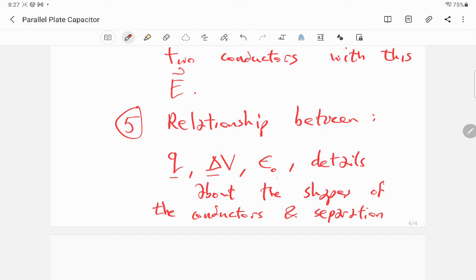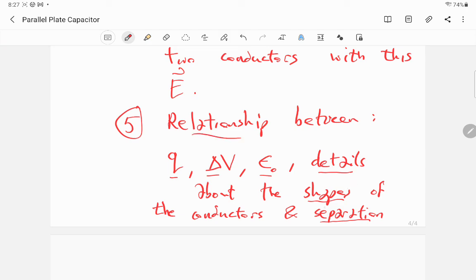So Q, delta V, epsilon naught, and then a bunch of details about the conductors. Like if the conductors are flat with area A, that's a detail that's going to be around. They're going to have some separation distance D. That's going to be a detail that's going to stay around in this relationship.